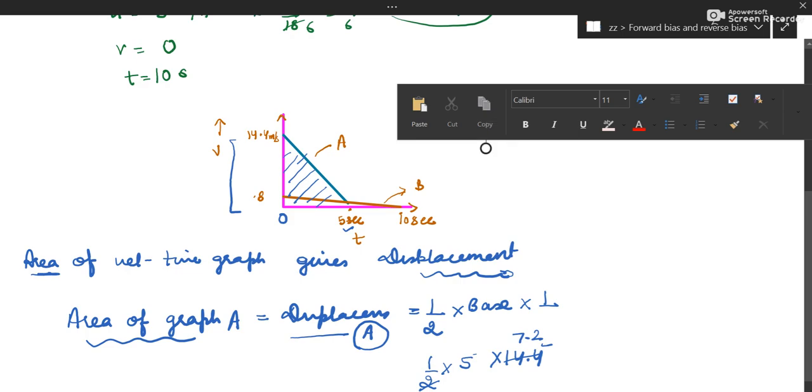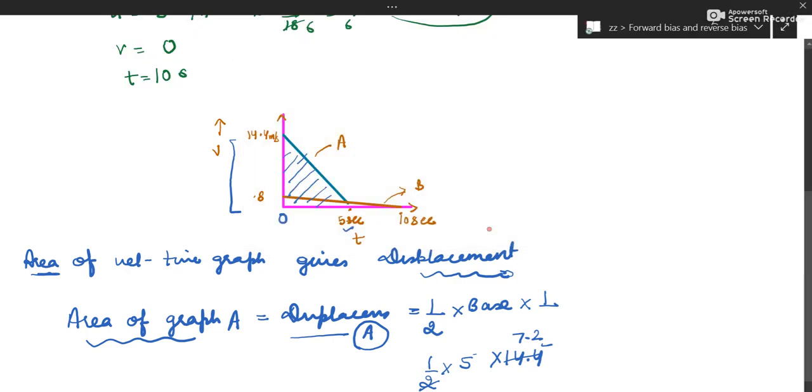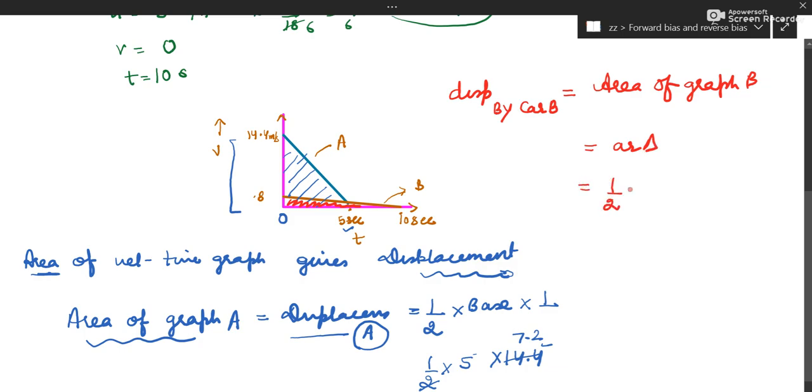Similarly, you can find out the displacement of car B like this. This area we need to find out. So this is also a triangle. So you will write displacement by car B is equal to area of graph B, which is a triangle, area of triangle, which is equal to half base into height, that is perpendicular.